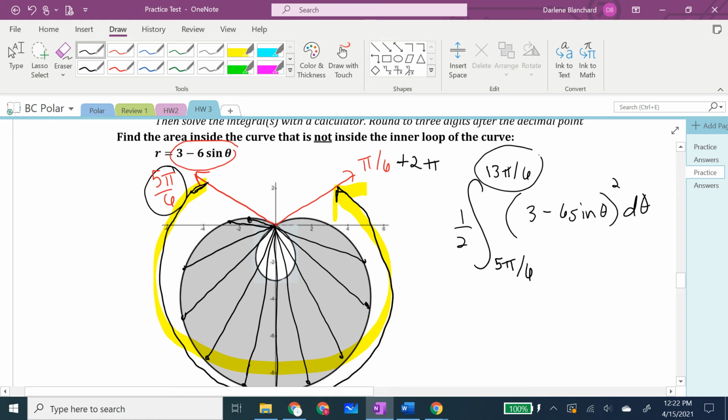If you put here pi over 6, you would first of all get negative, and secondly, it would only give you what was drawn in that region. And what was drawn in that region is actually this. So that's why drawing the spokes is what I really recommend you do when you're doing area, because you want to think about, while I'm going through this angle range, what is it actually finding the area of?